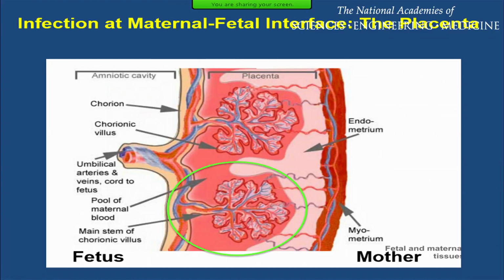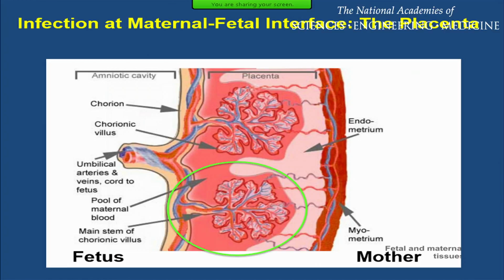Next slide, please. So the next step of infection is to cross the placenta, and as Mike alluded to, this is the site where the virus enters the fetal circulation. This is a very complex organ, as most in the audience realize, and it has a very unique structure in primates and some rodents, in that the villus structure sits in a pool of maternal blood, as illustrated in the light green circle.